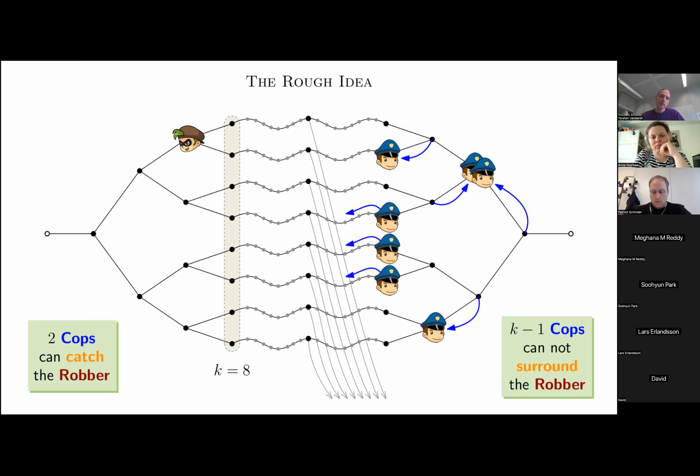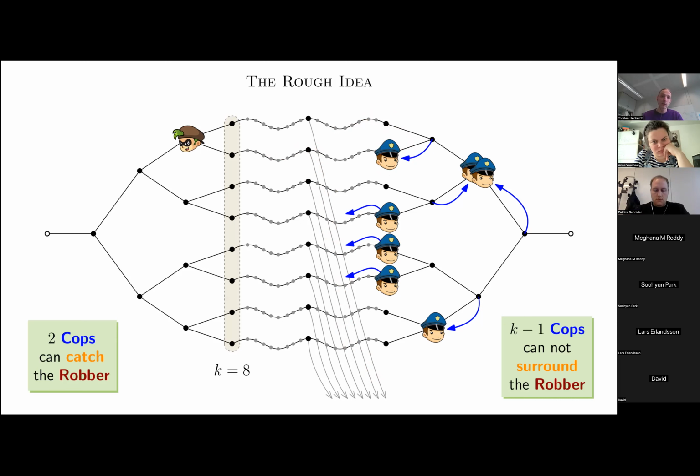The cops try to be at this exit point before the robber is there, because they want to surround him. So the way out of the exit has to be guarded by a cop. But there are too few cops to cover all the possibilities for the robber.